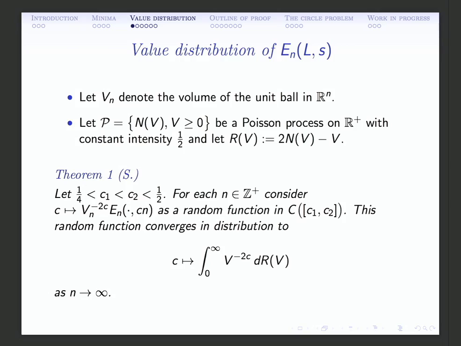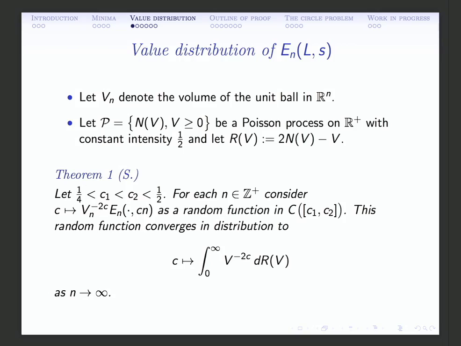And random in the sense that I pick the lattice at random in the space of lattices. That's where random enters the picture. And if you don't like to think about random functions, you can pick C1 equal to C2 and just get a random variable, and then the result still holds.